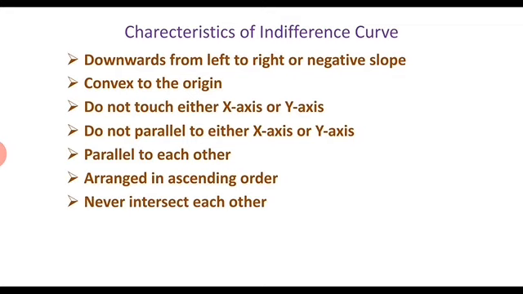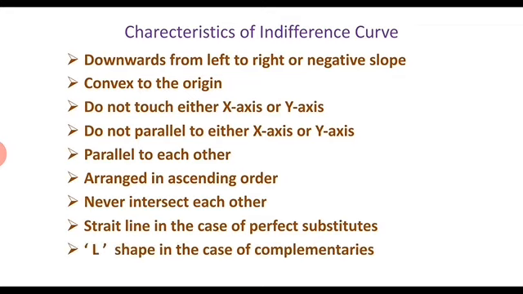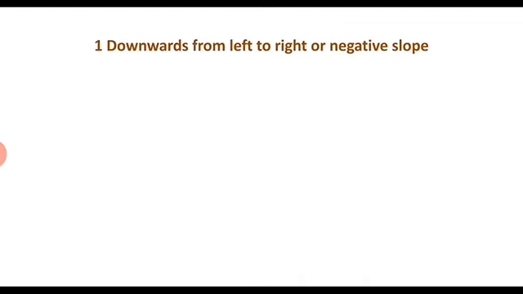Indifference curves never intersect each other. Straight line in case of perfect substitutes. L shape in the case of complementaries. We can see the characteristics in a detailed manner.